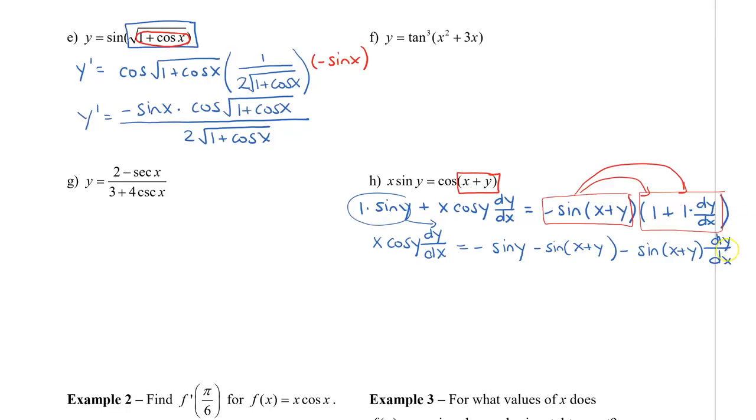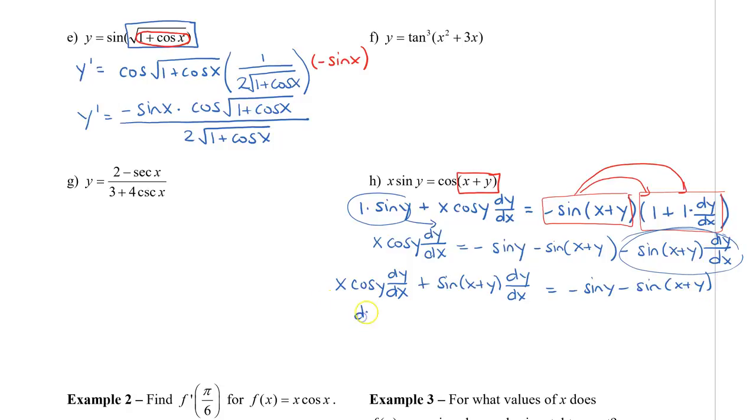So we want to move all the dy dx's to the left side. So I'm going to take this expression here and move it. So I have x cos y dy dx plus sine x plus y dy dx equals negative sine y minus sine x plus y. Factor out the dy dx on the left.